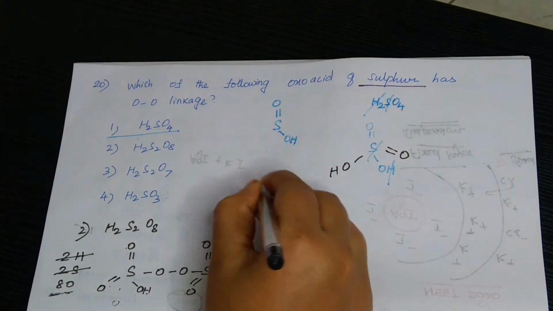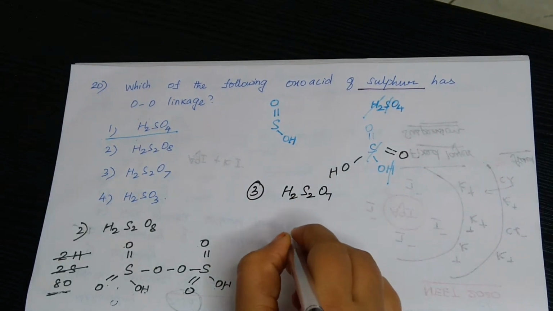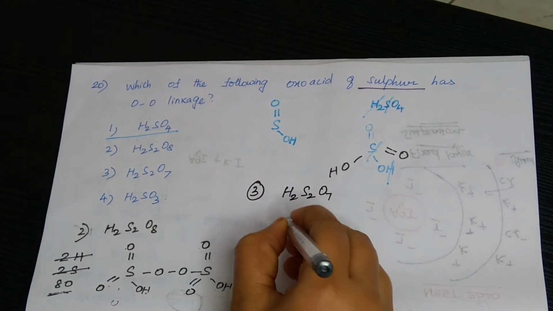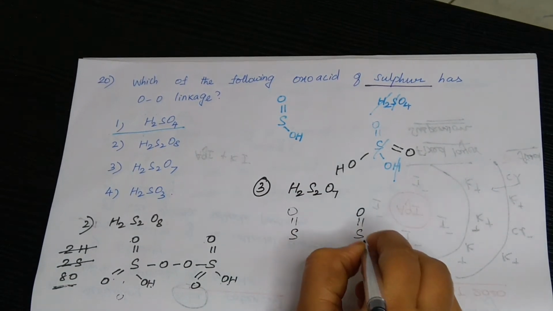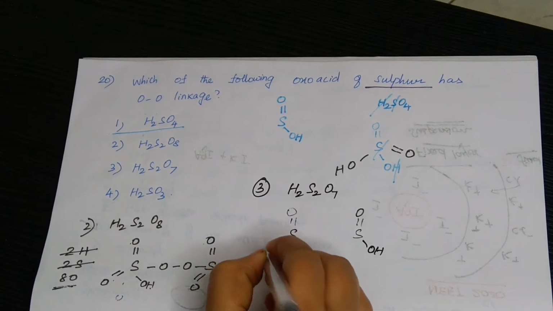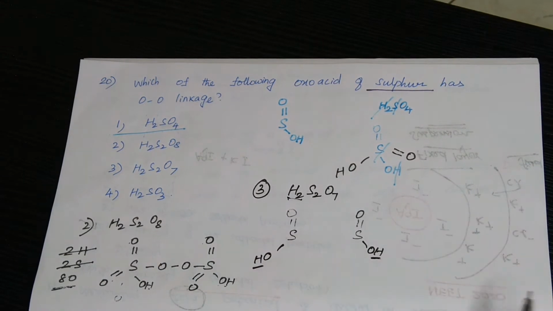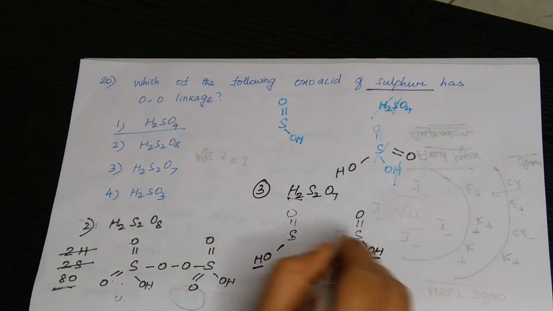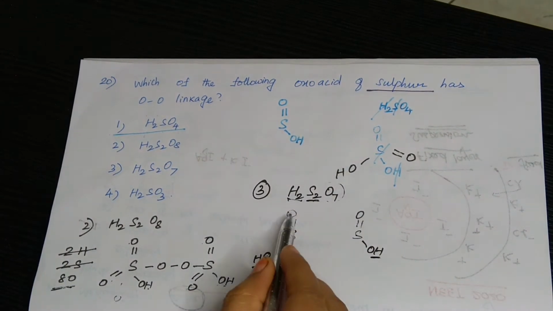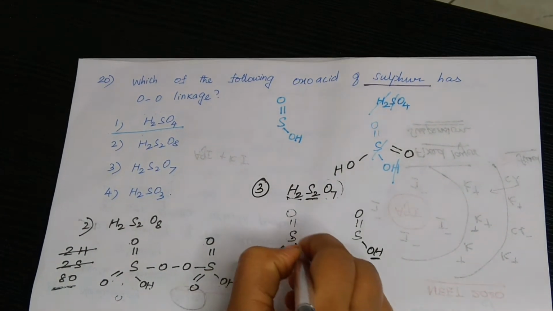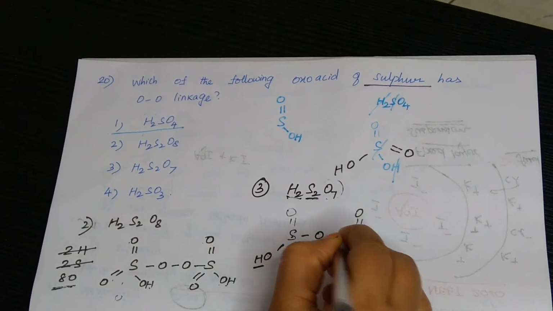Then writing the third structure, H2S2O7. Again you have 2 sulfur and put double bond O and 1 OH and 1 OH. See how many hydrogen? 2 hydrogen. Then 2 sulfur. How many oxygen? 1, 2, 3, 4, 5, 6 and 7.